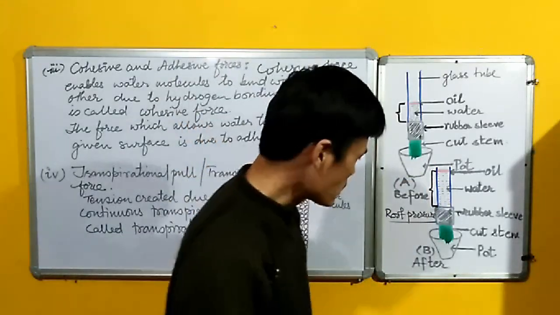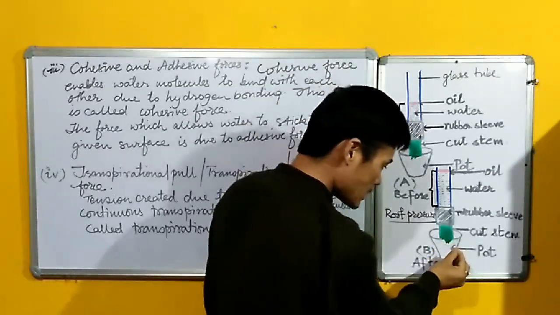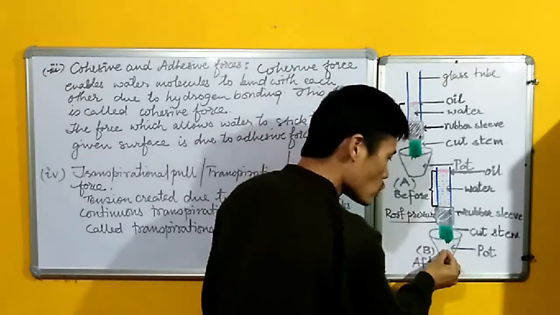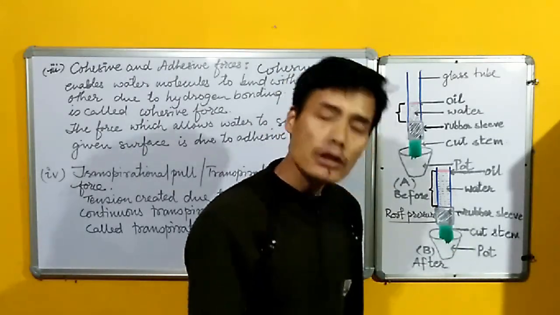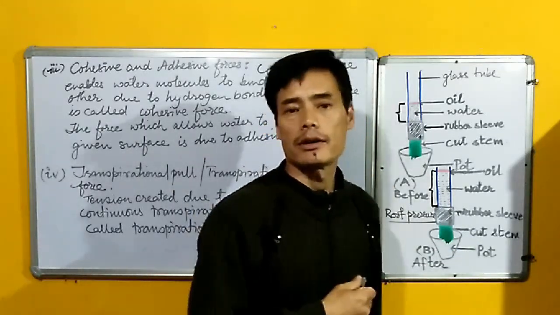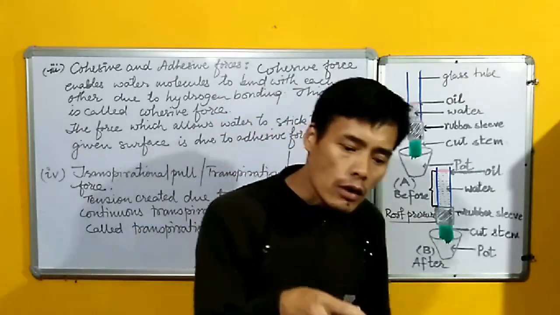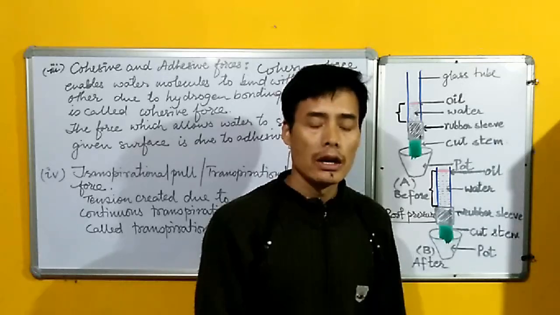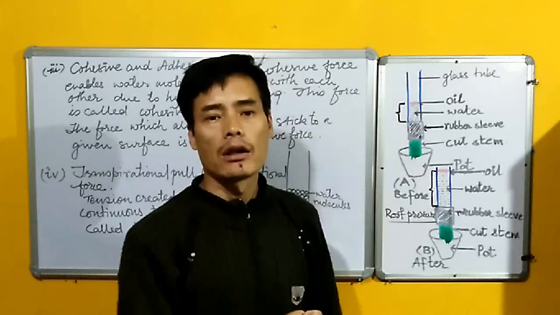The answer is the roots that are embedded in the soil of this pot are continuously absorbing water. And this water, when it enters into the cortical cells, creates hydrostatic pressure.